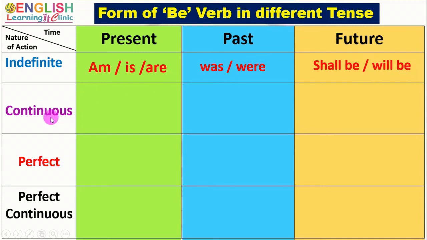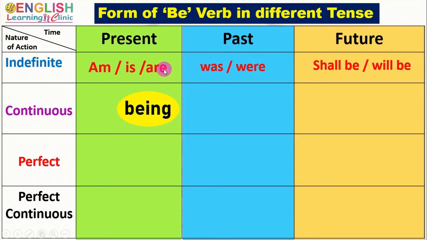I have already discussed in details in my tense series that the continuous status of the action is shown by the use of the ing after the root form of the verb. So, the continuous status of the be verb is being, and in case of the continuous status, the time is shown by the use of be verb also.